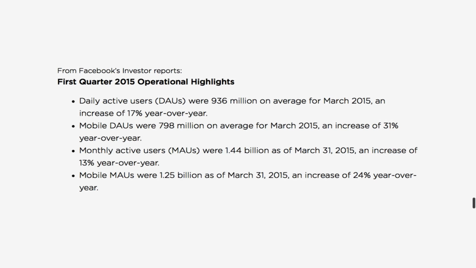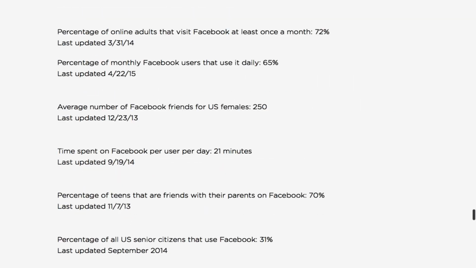And we're talking about 17%, 31%, 13%, 24% year over year. Wouldn't you love to have those kinds of numbers for your business? Well, hopefully, by using this Facebook marketing course, you will get there so that you too can have year over year increases in business just like Facebook does.